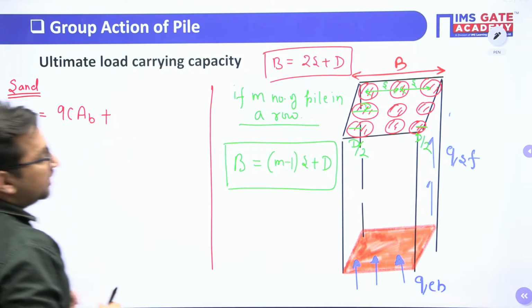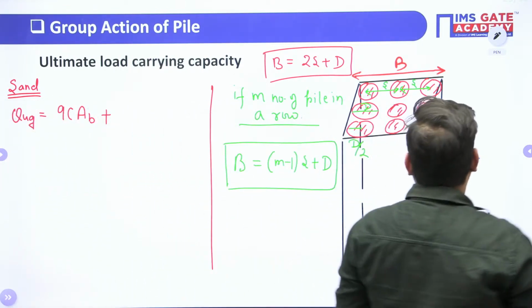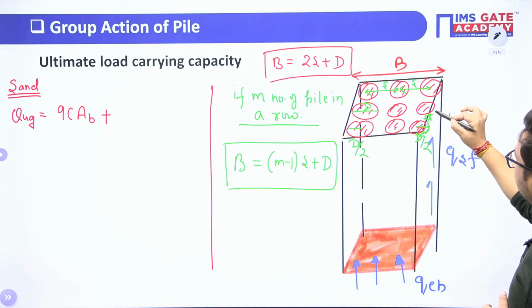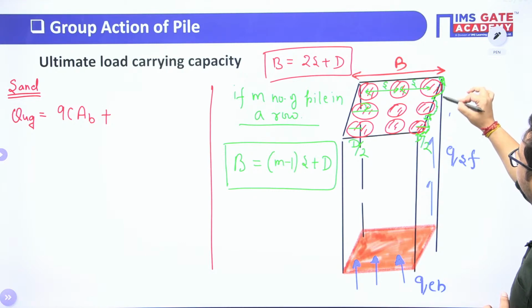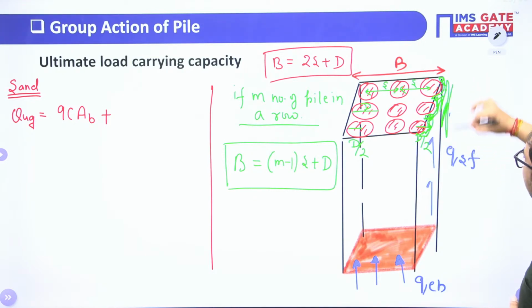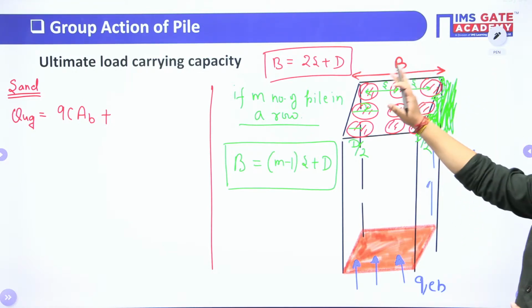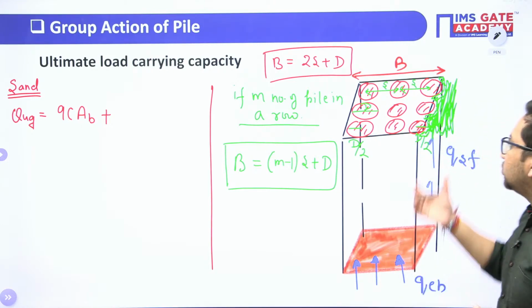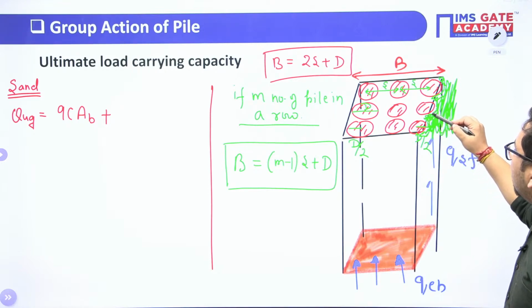plus, now try to understand this green color, it is my soil, this is particularly also soil. So here you can see that in group action, the interaction at sides is mainly between soil and soil particle, as this is total a soil.